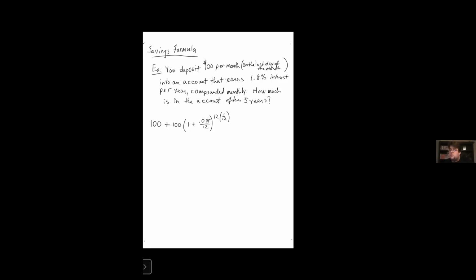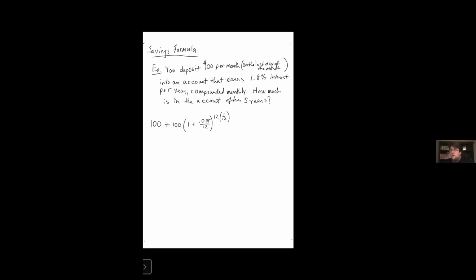But this amount, 100 times 1 plus 0.018 over 12 raised to the 12 times 1/12, is the amount the second to last $100 earns at the end of 5 years, because it's being deposited at the end of month 59. So it earns interest for 1 month.